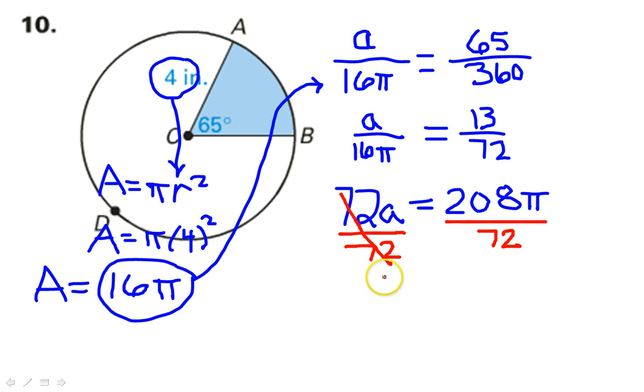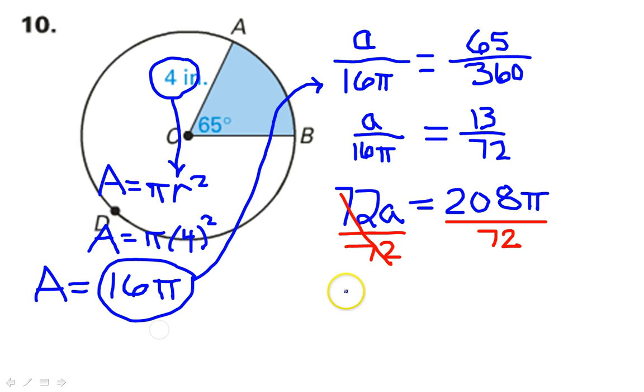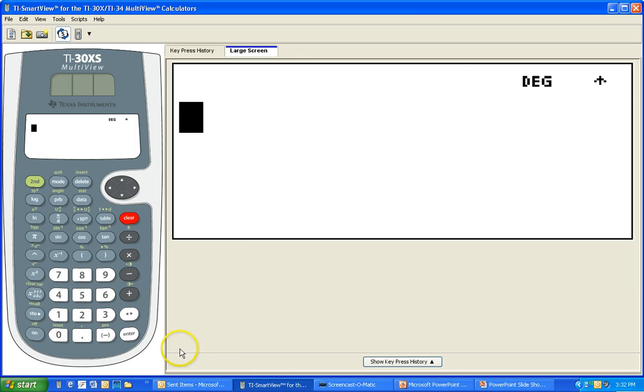Now, sometimes you will be asked for an exact answer. If you're asked for an exact answer, that means it's not time for decimals yet. When you put this in your calculator, do you get a fraction at first? A reduced fraction? Did anybody do it? 208 pi over 72. Let me try.